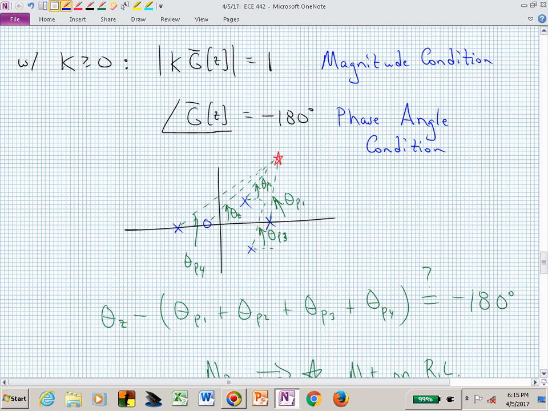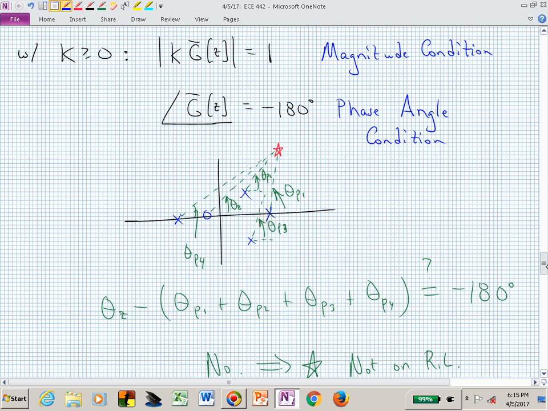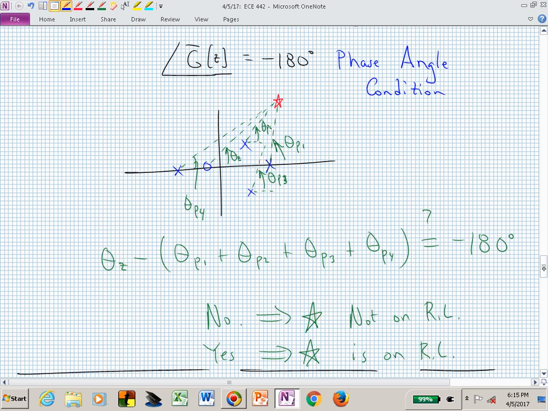And you have now all of these angle contributions from the poles. You have theta P1, theta P2, theta P3, and theta P4. You have the sum of the zeros angles minus, because the poles are in the denominator, you're subtracting all of the poles angles. And if those end up being equal to minus 180, then star would be on the root locus.